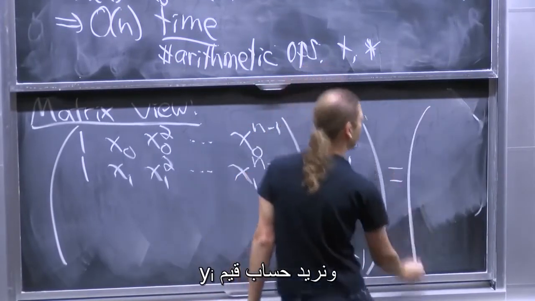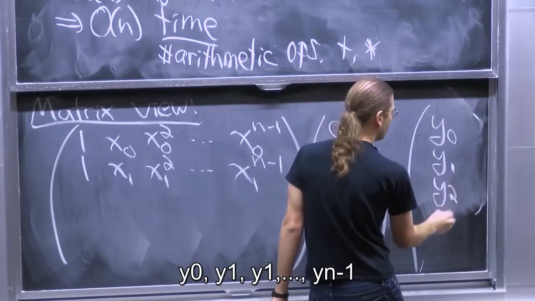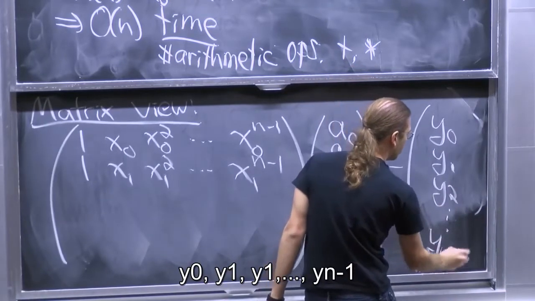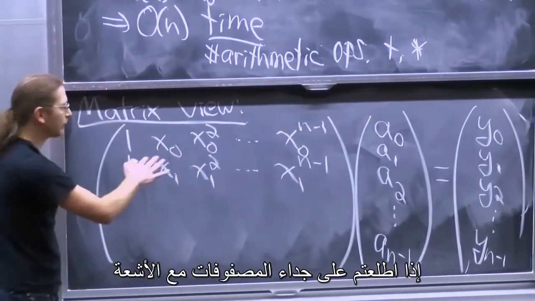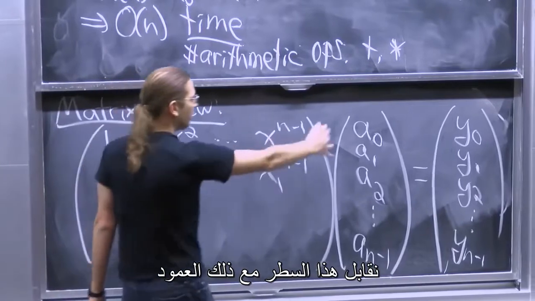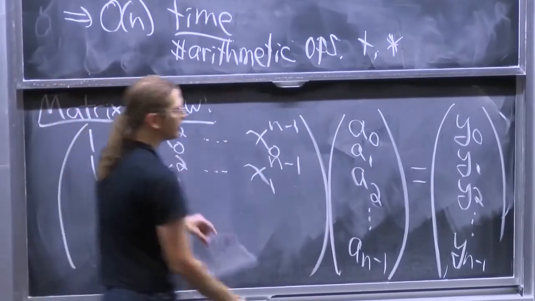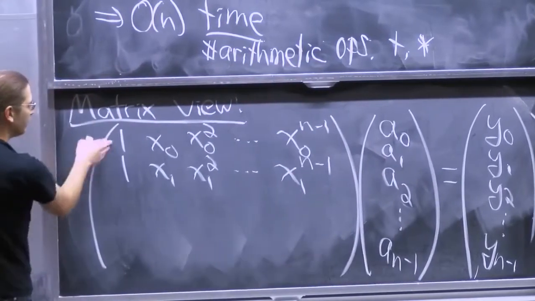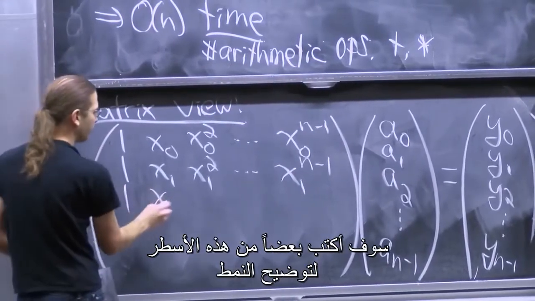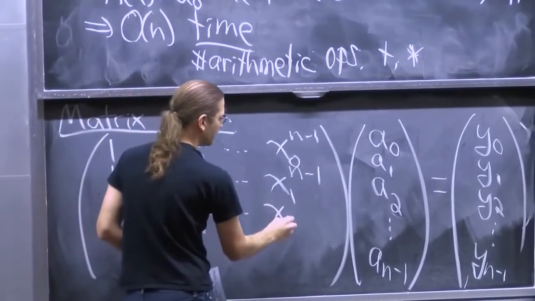Our goal is to compute the yi's, y0, y1, y2 to yn minus 1. And so if you know matrix vector product, you take this row with that column, you take the dot product that multiplies corresponding entries, you get y0. That is the definition of the polynomial evaluation. I'm just going to write a bunch of these rows. So you get the pattern.